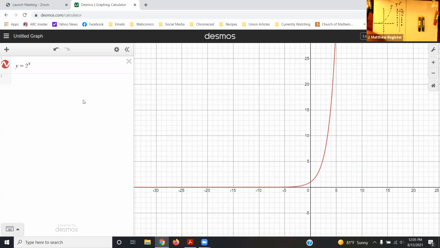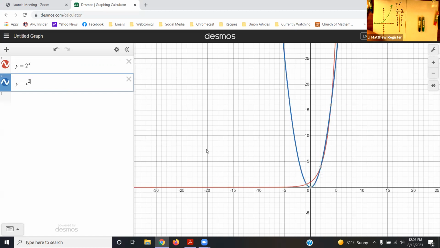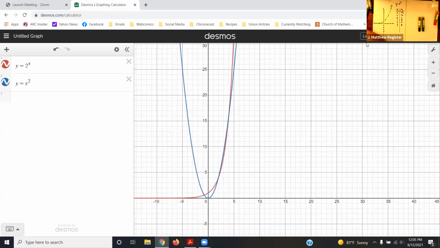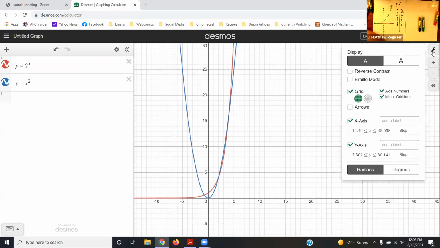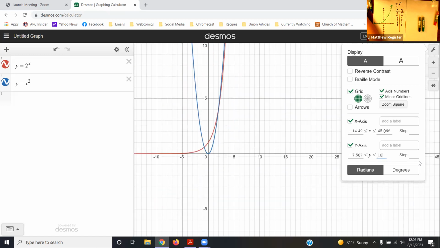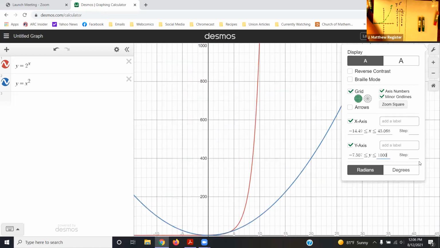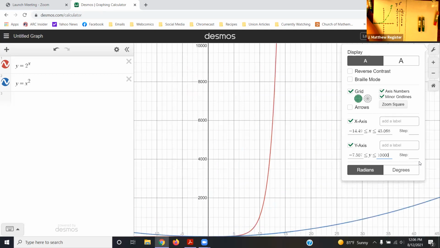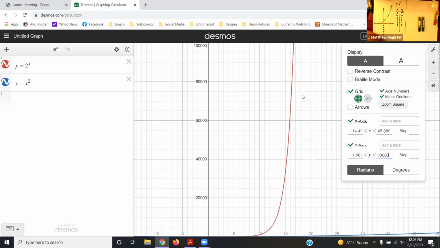If we were to compare this to y equals x squared, well, it starts out looking pretty similar, right? But let's change the axis, so that we are letting our y get arbitrarily large. Let's say that our y is going to be going to 10, 100, 1000, and as big as we want.